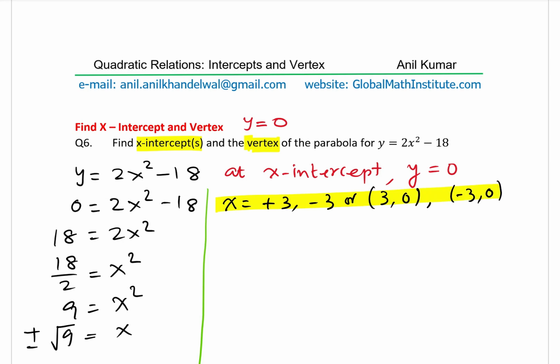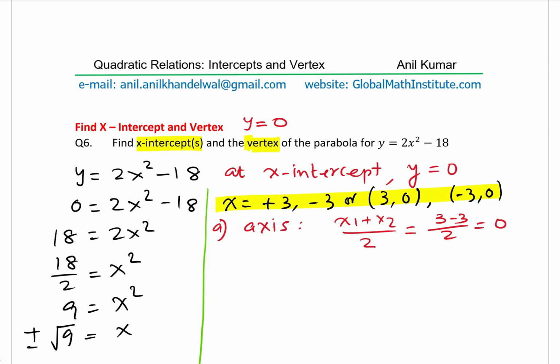Now we need to find the vertex. So how do you find the vertex? The steps involved: first is to find the axis, which is (x1 plus x2) divided by 2. So in our case, the two values are plus and minus 3. So we do 3 minus 3 divided by 2, which is 0.